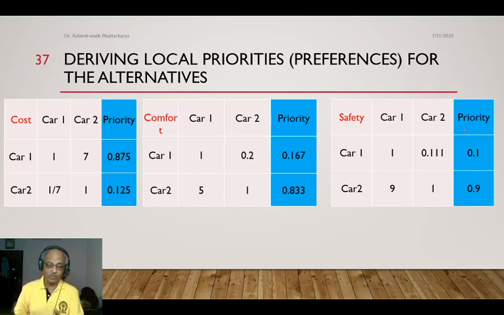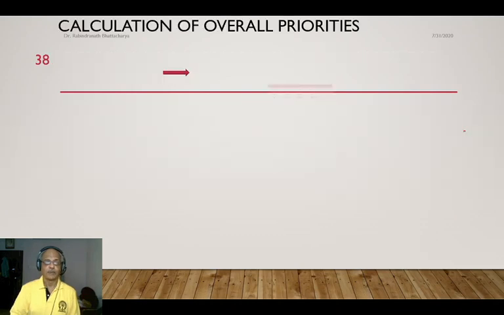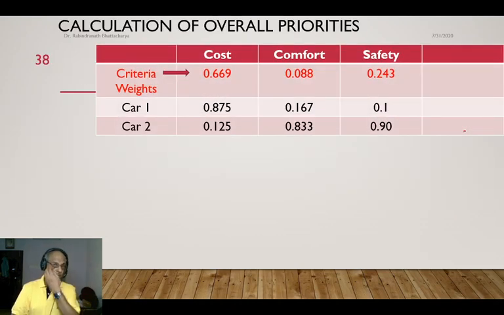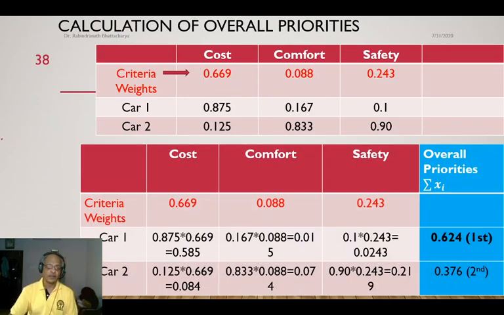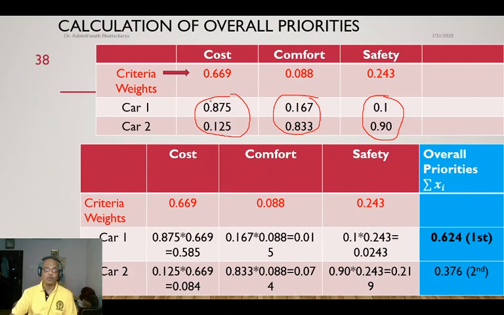Now, once you have got these matrices, what numbers have we got? The numbers we have got are 0.875, 1.25, 0.1678, 0.33, and 0.1. This we have found out from comparing car to car, and the criteria weights we found from the original 3x3 matrix, and these are all 2x2 matrices.